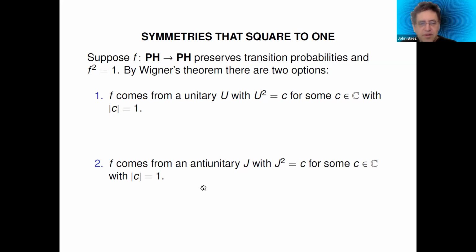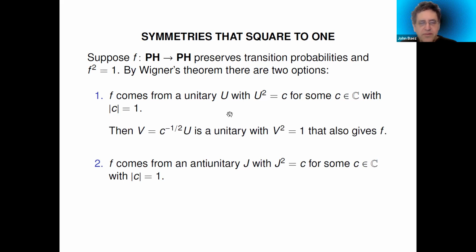But these two cases work differently. If you have a unitary that squares to a phase, you can multiply it by a suitable compensating phase to get a new unitary that actually squares to 1. Multiplying by a phase doesn't change its effect on the projective space.